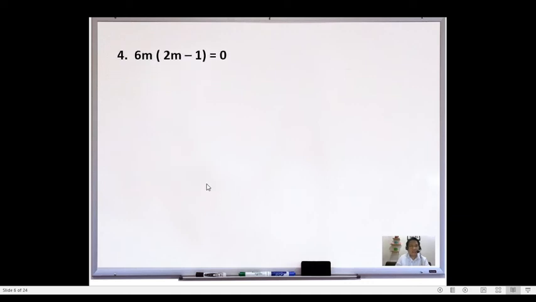Next, number 4. 6m times the quantity 2m minus 1 is equal to 0. So here, we are going to apply or use the distributive property. So this will become 6m times 2m. It will give us 12m squared. And then 6m times negative 1.